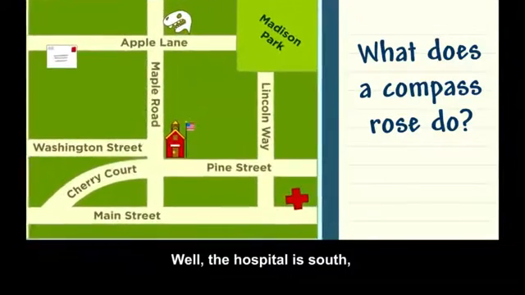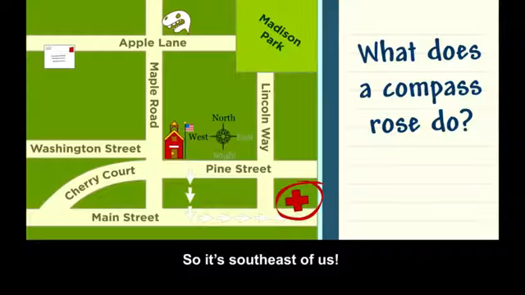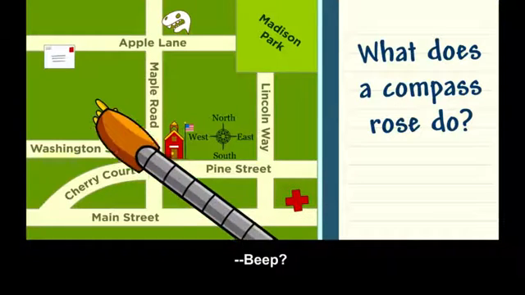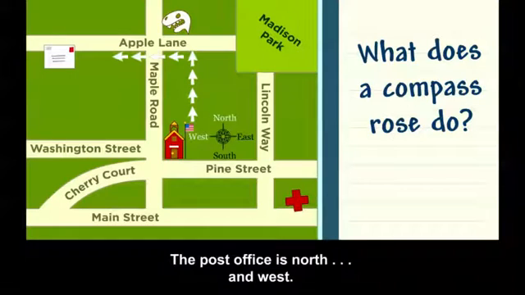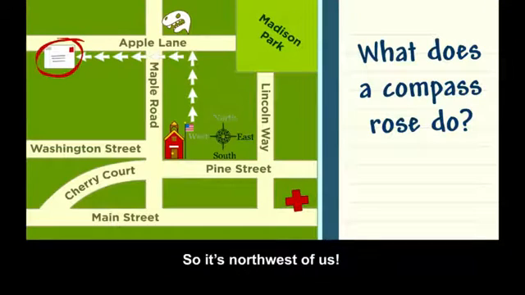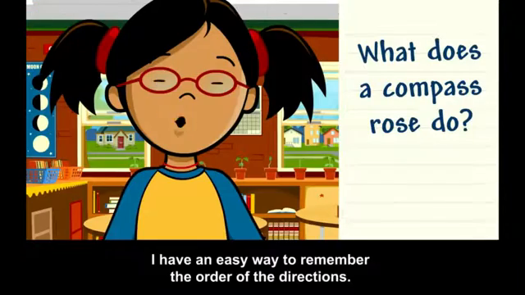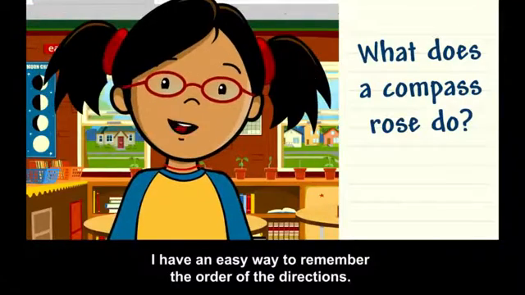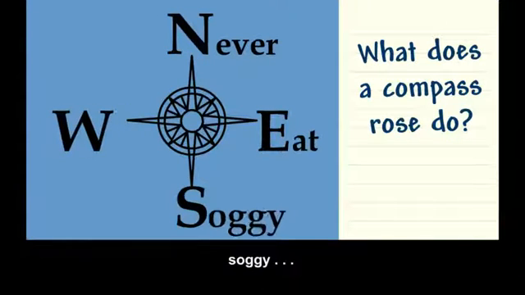Well, the hospital is south, but it's also east. So it's southeast of us. The post office is north and west, so it's northwest of us. I have an easy way to remember the order of the directions. Never eat soggy waffles.